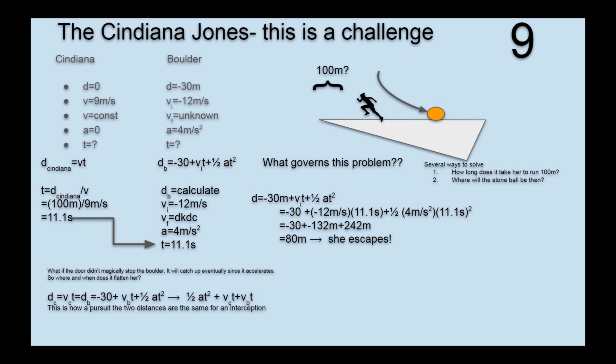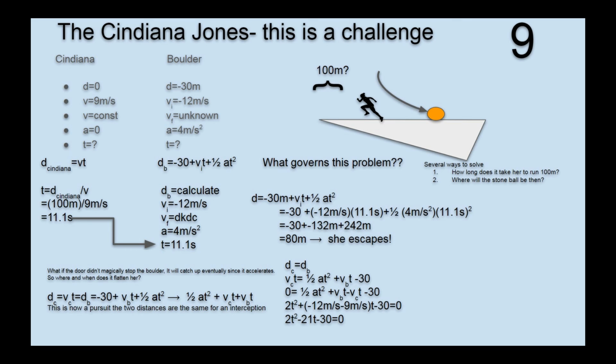Well, now we would do this as a full-on pursuit problem, and we would make Cindiana's distance equal to the boulder's distance equation, and when the two distances are equal, she is a pancake at that point, eh?